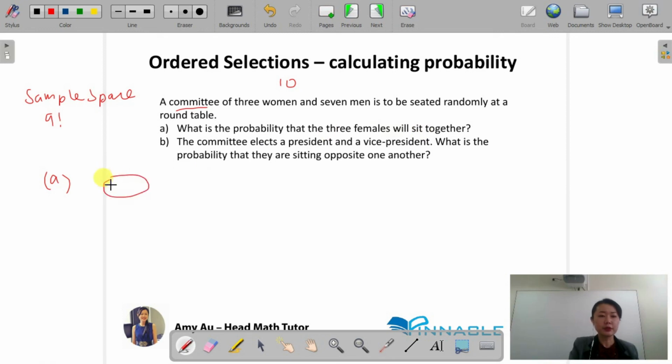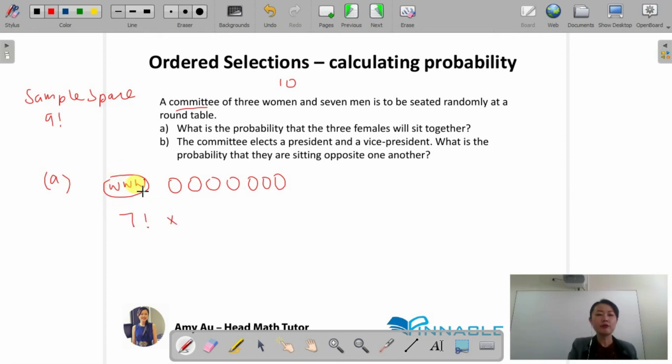So part A, what is the probability that 3 females will sit together? So you put the 3 females together and then the 7 individuals for males. So you have 7 plus 1, so 8 elements in a circle. 8 elements in a circle is 1 less, so 7 factorial.